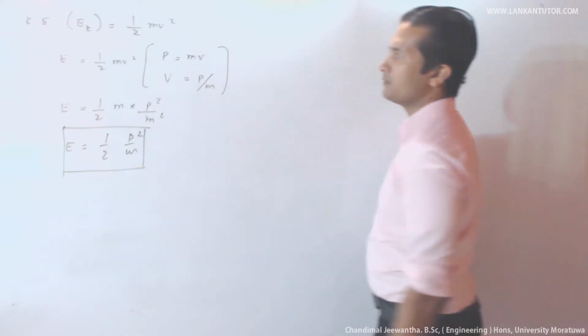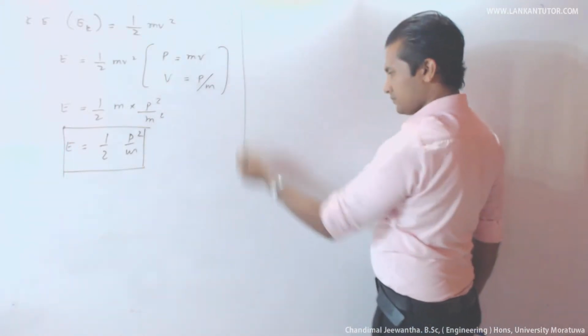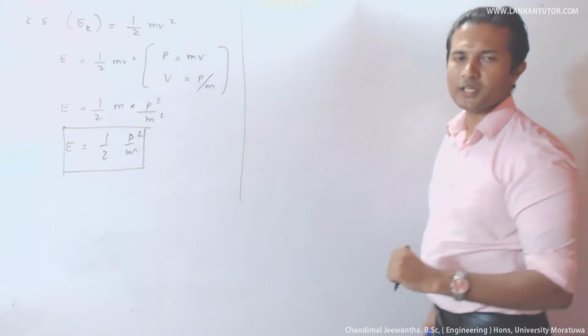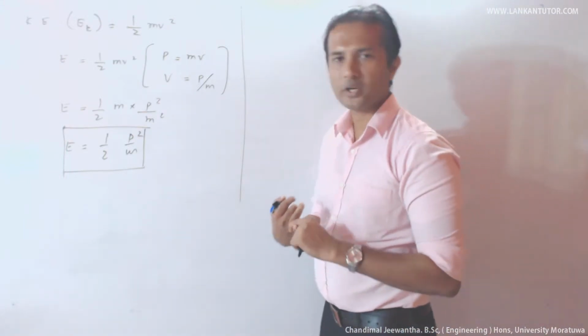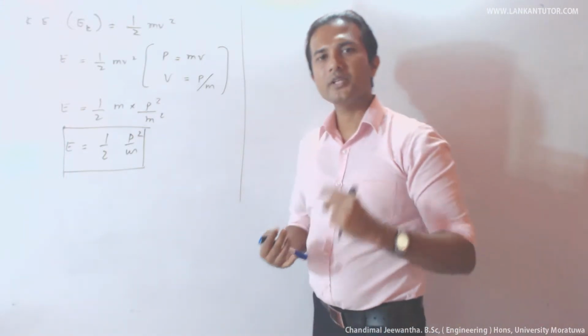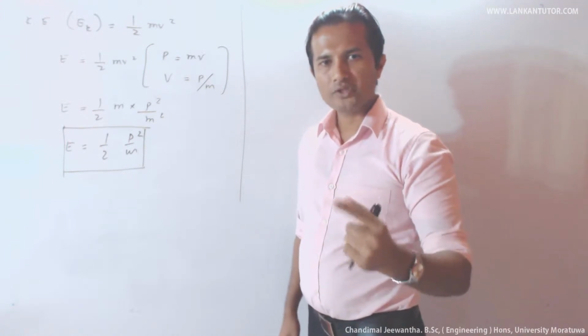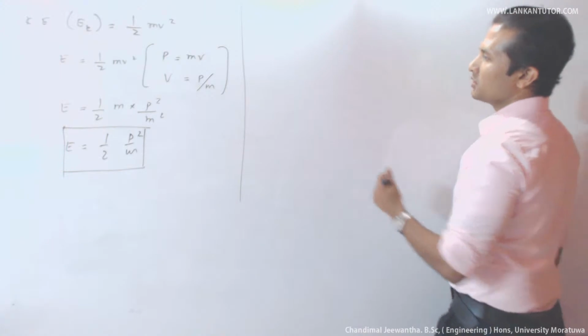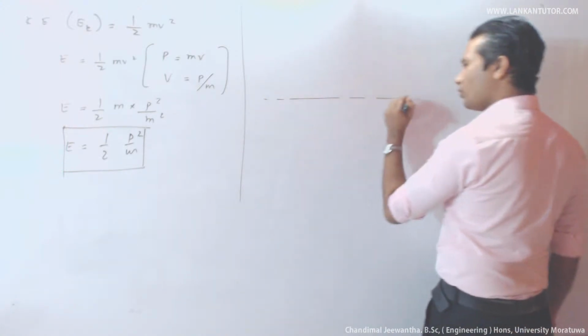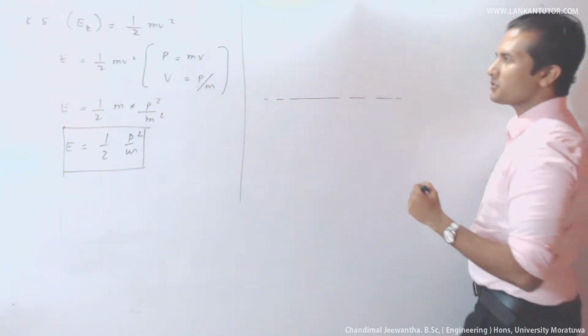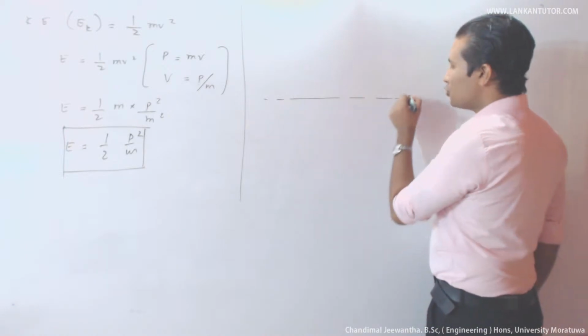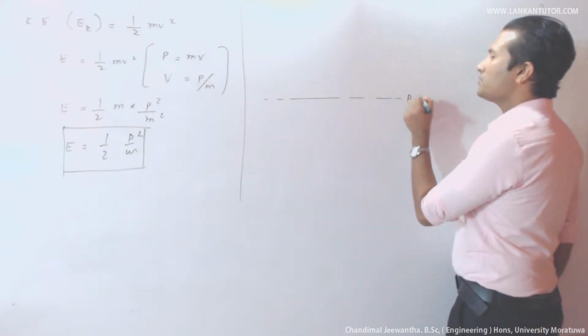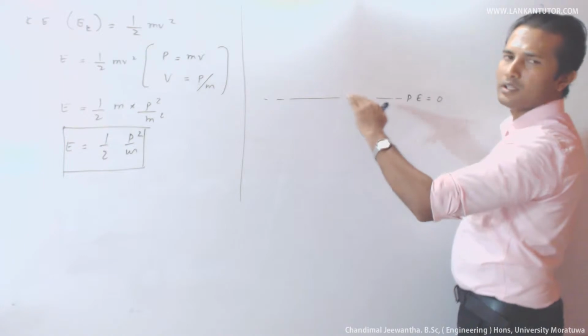Okay, let's consider potential energy. What is potential energy? The energy gained by the object when it is in a gravitational field. In order to get the potential energy of an object, you have to consider the potential energy 0 level.